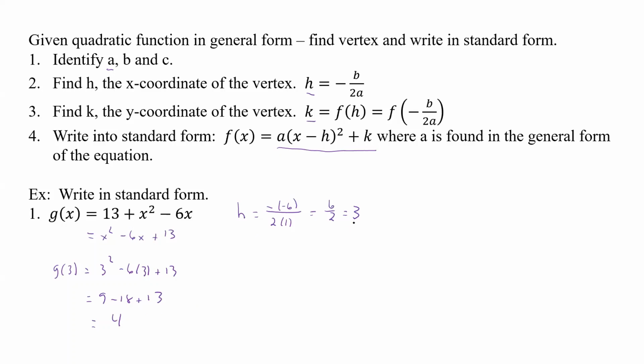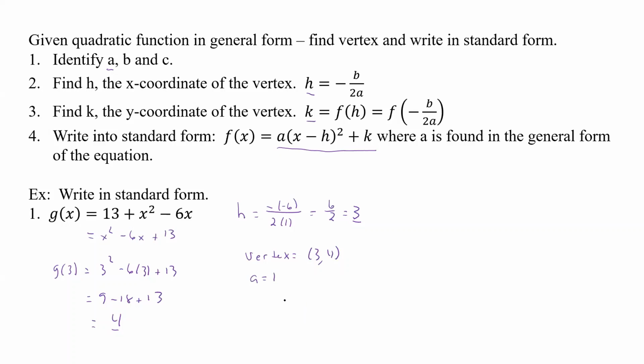So we know now we have h and we have k. So the vertex is equal to (3, 4). All right. And we know a was 1.